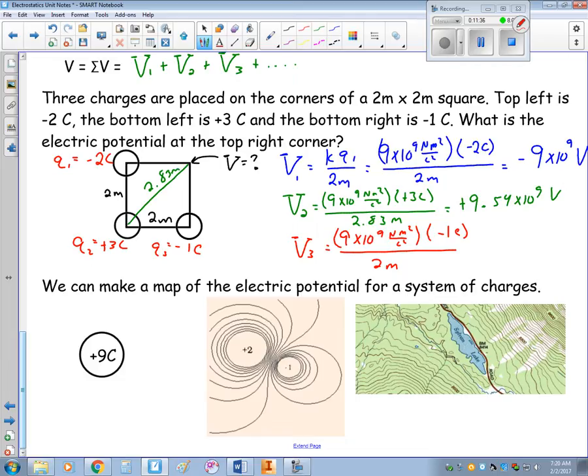For that one, we'd probably get, what, negative 4.5 billion. So the voltage at that position would be the sum of those three. I'd have my negative 9 billion plus this 9.54 billion minus that 4.5 billion. So at this point, I get negative 3.96 billion, and it's okay to get a negative voltage.